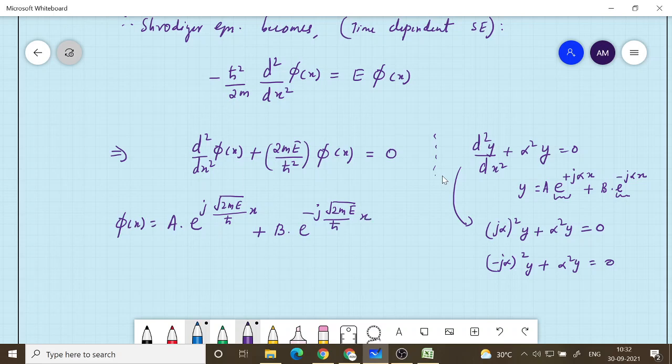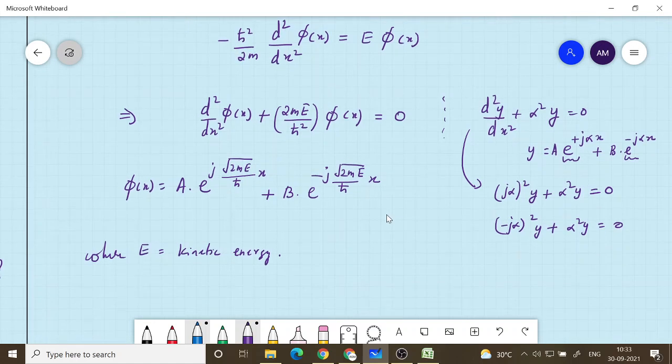So we got the solution to this problem. Now, where E is basically the kinetic energy, is there any restriction on E? In this particular problem, we have no restriction on E, because it's a free particle, and the particle is allowed to take any value of energy, which is not usually the case in quantum mechanics.